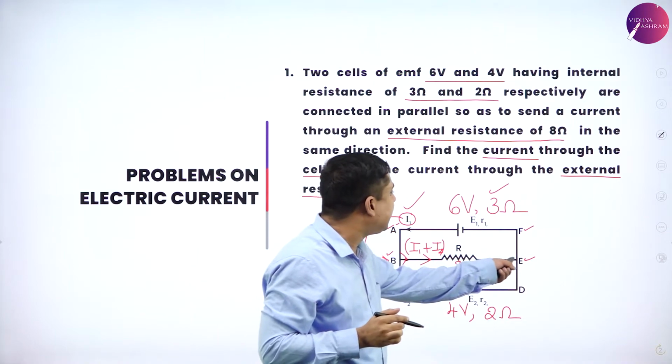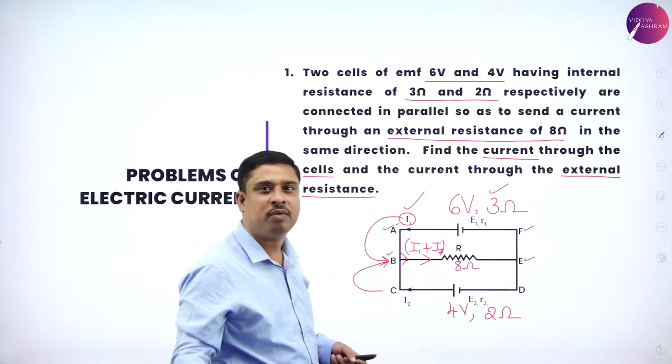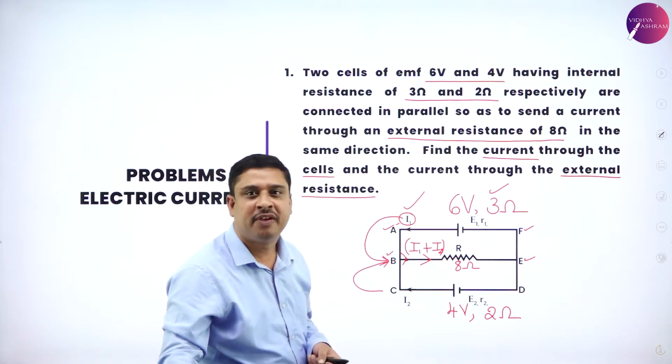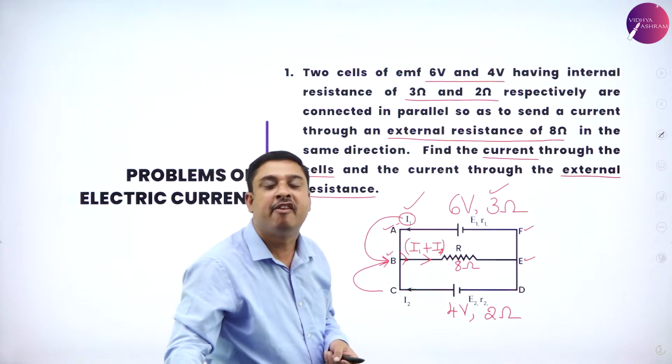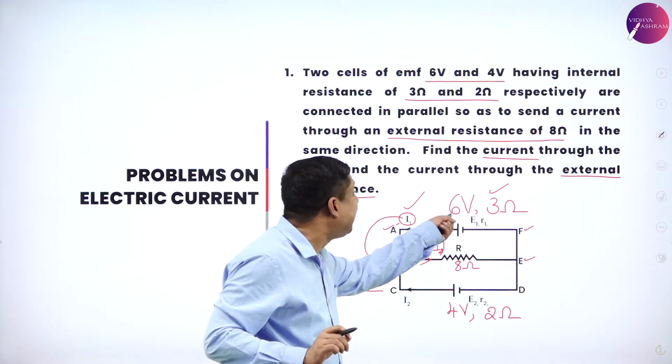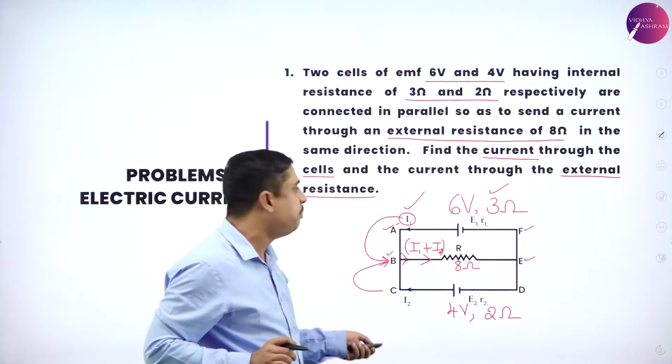Now let us check. Any other current in this loop? No. That should be equal to what? EMF. When is EMF positive? When it sends current from negative to positive terminal.